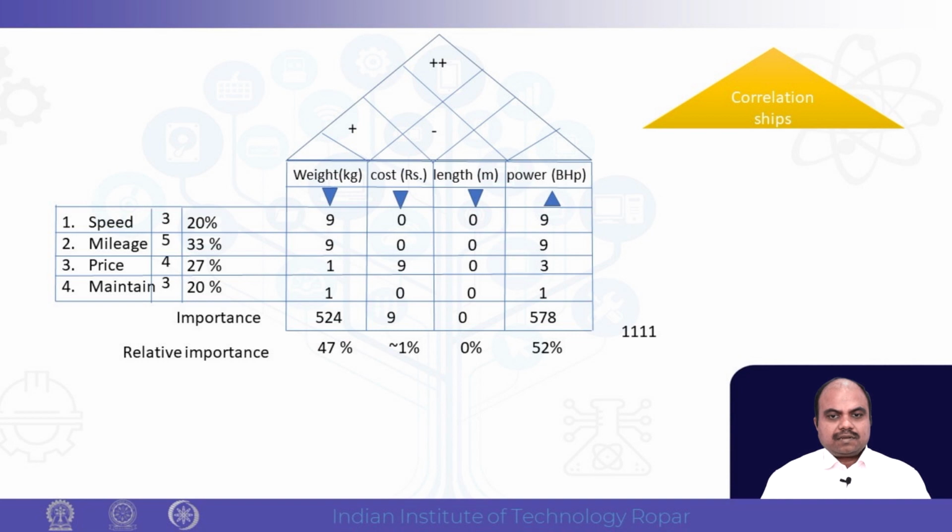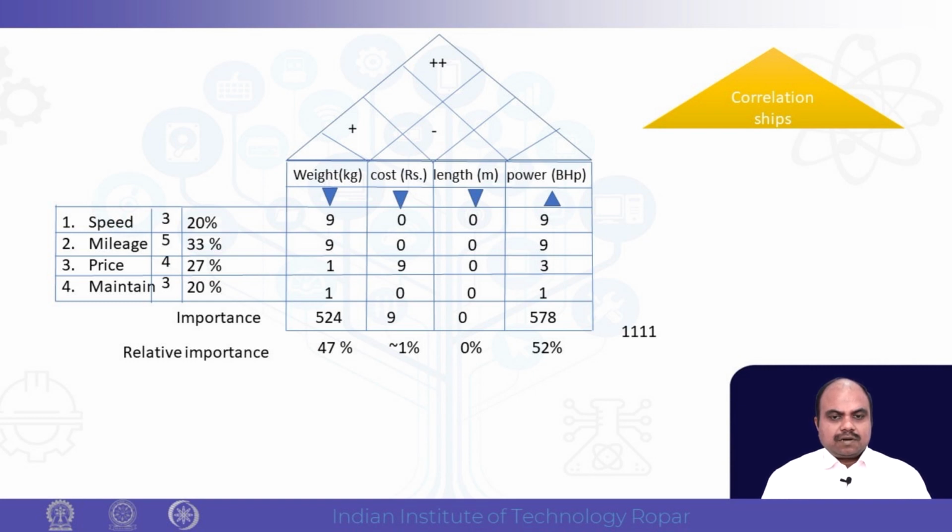So if the weight is increased, power requirement is also going to increase. And cost and length is minus. So all these things you can do as some exemplary relationships, but it depends upon the product.